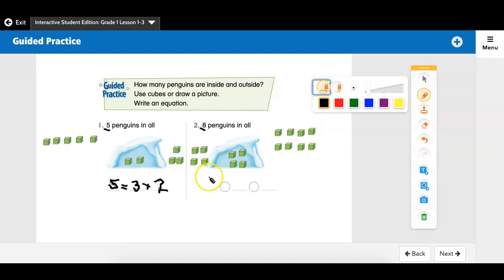So when we write our equation, like I said before, I like to write my total number at the end, my total number of penguins I'm working with. And we won't always write equations like this. This is just for this lesson. We're going to be writing them a little bit backward.